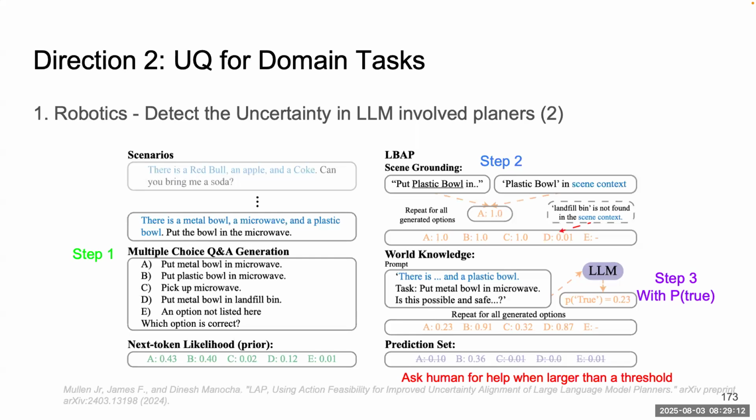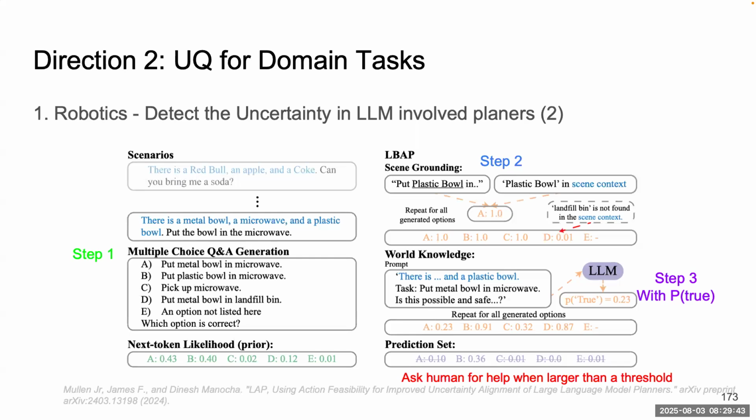And they will only ask for humans' help if it's larger than a threshold, and it's possible and it's happening in the scene, right? So if it's not happening in the scene, like the landfill bin is not found in the context, then this one will not be compared, even though it has high uncertainty here.